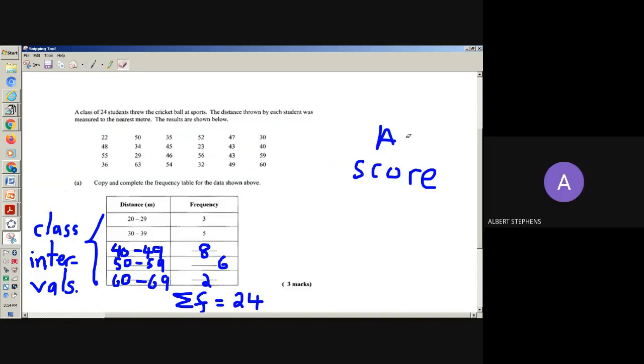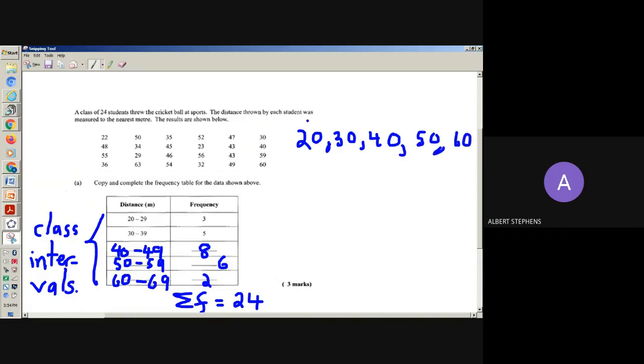All right. As I said before, all these numbers are called class limits. But check this out now. You see the 20, the 30, the 40, the 50, and the 60, they have a special name. Meaning the numbers on the left right here.